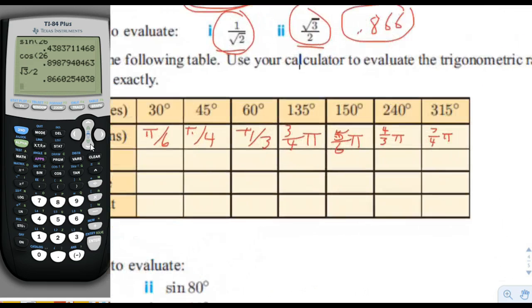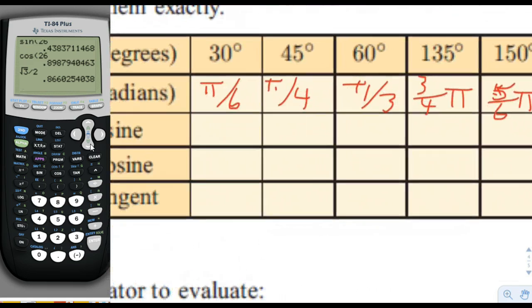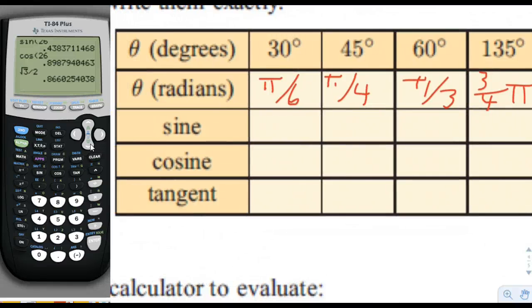Okay. Now the sine of 30 degrees is 1/2. And the cosine of 30 degrees is square root of 3 over 2. Now I'm not going to go into where you get the answers for these because this was the whole objective of the investigation. So I think you know, right? And then the tangent would be the opposite over the adjacent.